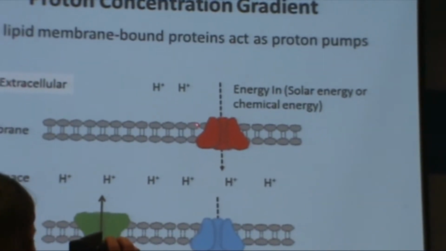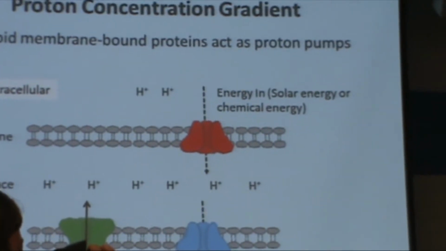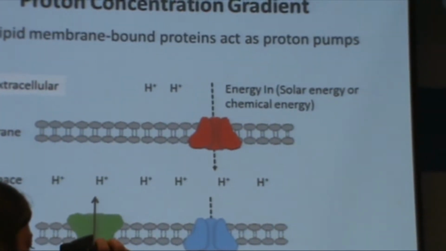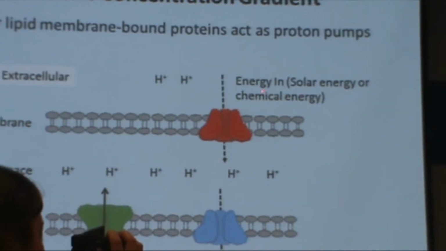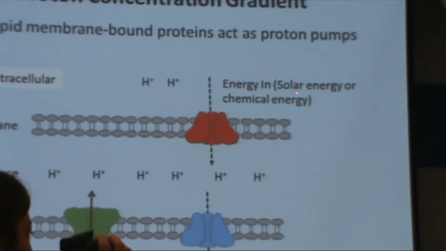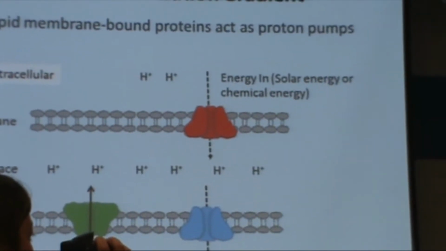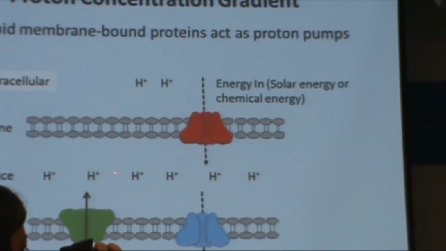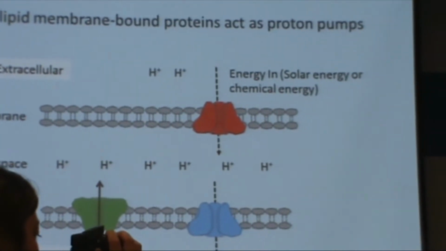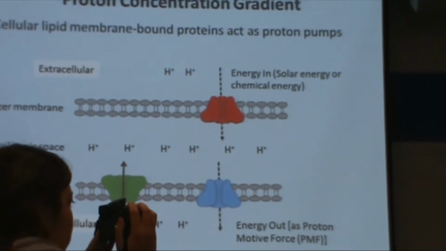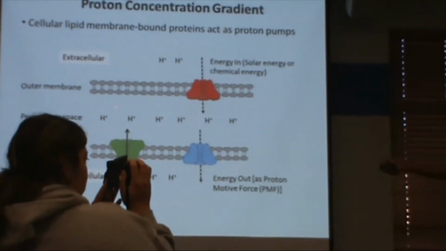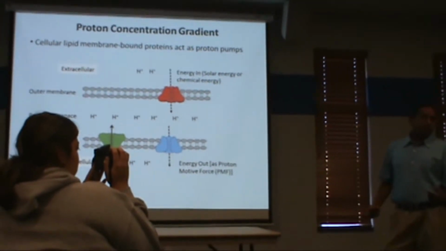These proteins are membrane-bound proteins, and they pump protons using different sources of energy. It can be solar energy. They use the solar energy and pump protons into the intermembrane space, or they can pump protons from inside the cell into the space using chemical energy.